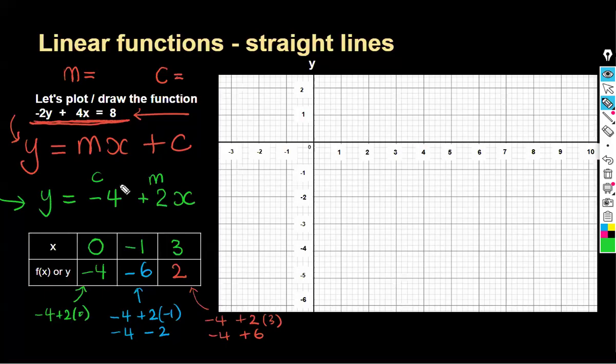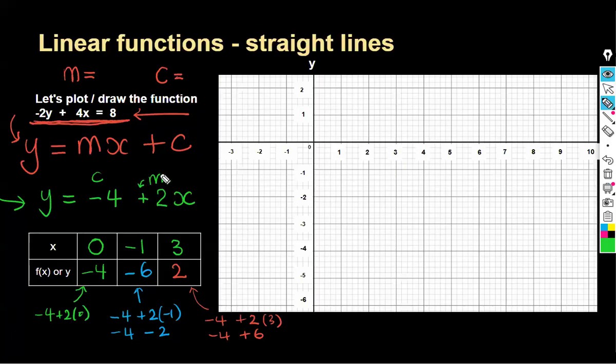Let's predict how this graph will look. Before I plot and draw it, will this graph be sloping upwards or sloping downwards? What do you all think? Latoya, check it back. Guys, my gradient is positive 2.